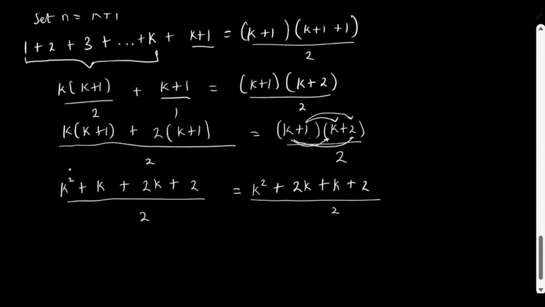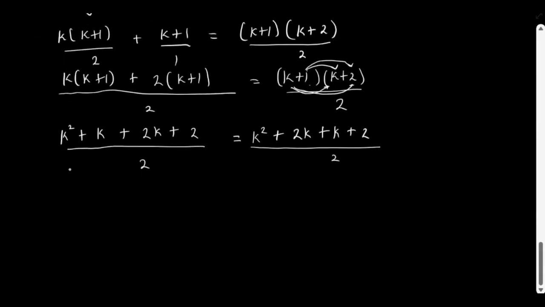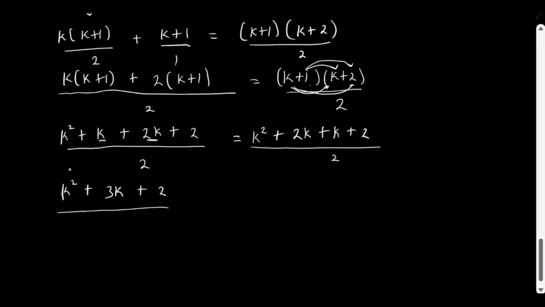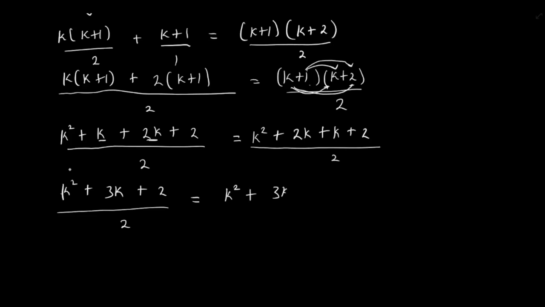Then we add up the like terms. So k squared is alone here. We have k squared plus k plus 2k, we have 3k plus 2 over 2, equals k squared plus 2k plus k, we have 3k plus 2 over 2.